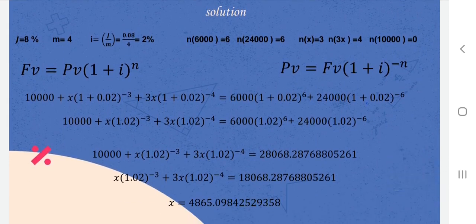By substituting for j equal 10%, m equal 4, i will be equal 2%.